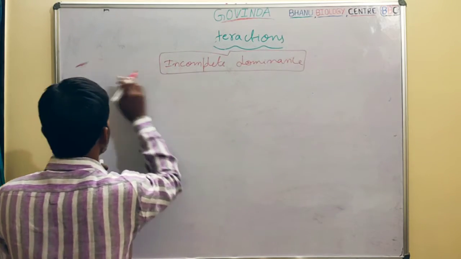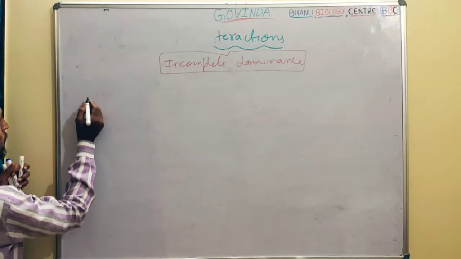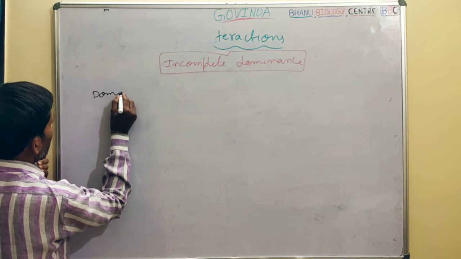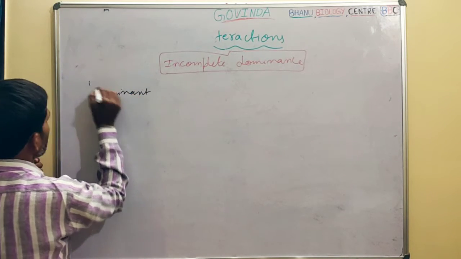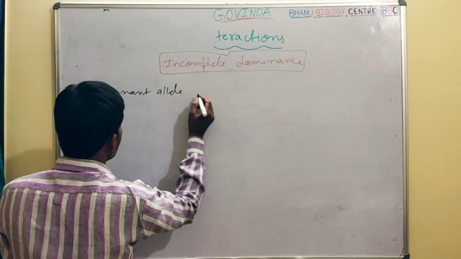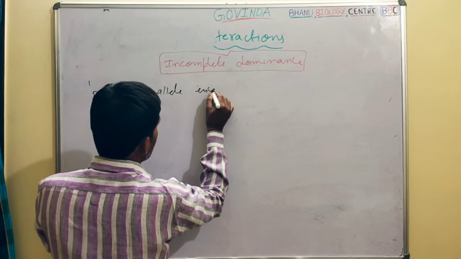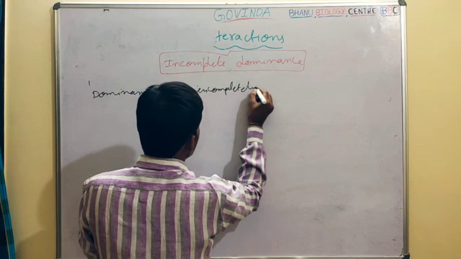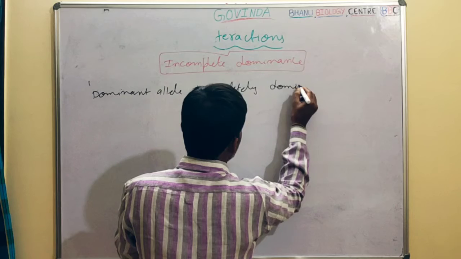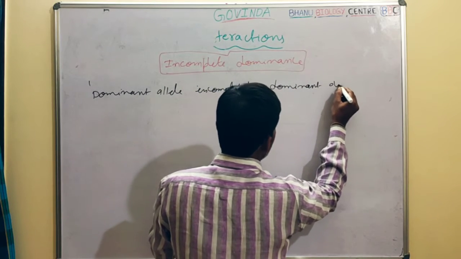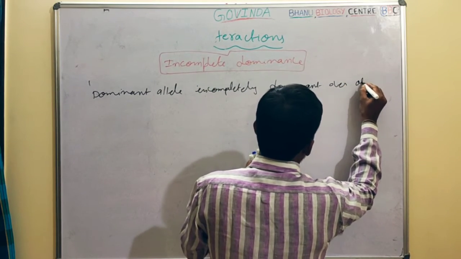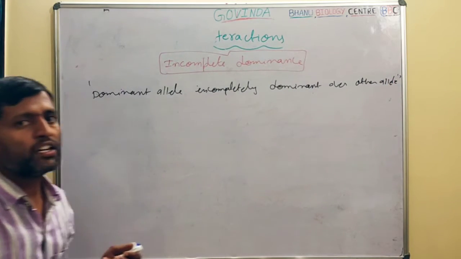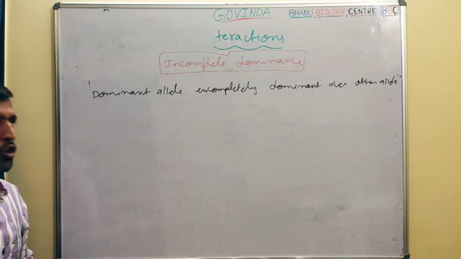What is incomplete dominance? Simply, a dominant allele is incompletely dominant over the other allele. It is called incomplete dominance.